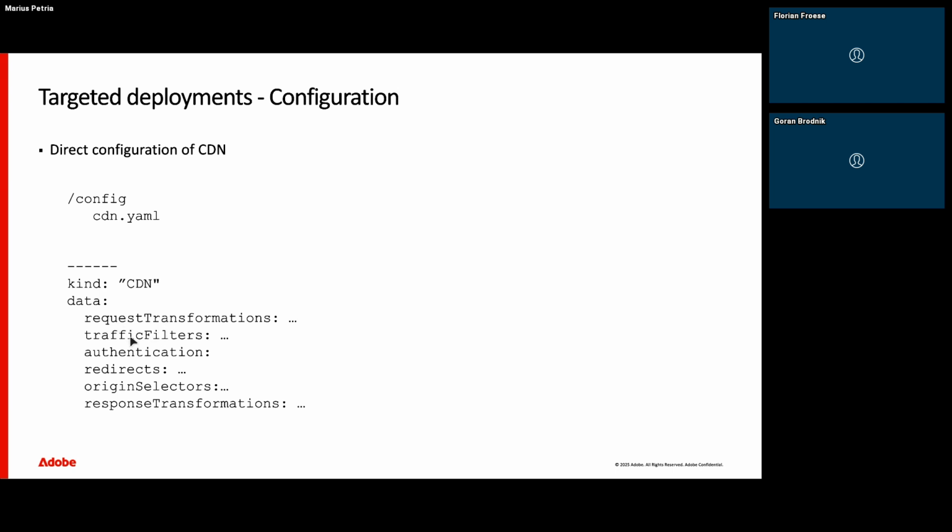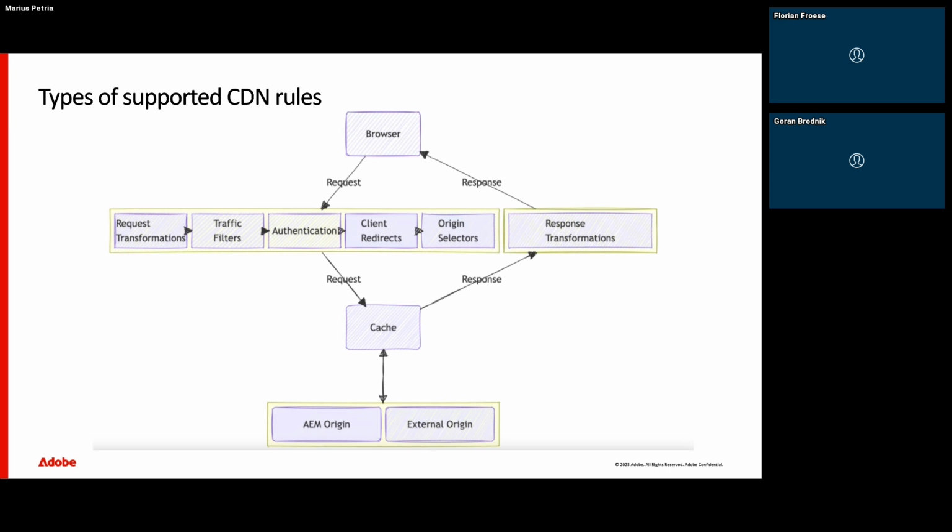There are several sections like request transformations, traffic filters, authentication or redirects, origin selectors, and response transformations. I will go through all of these next. But first, let me tell you a little bit how they are executed.